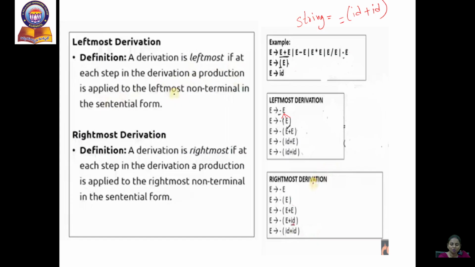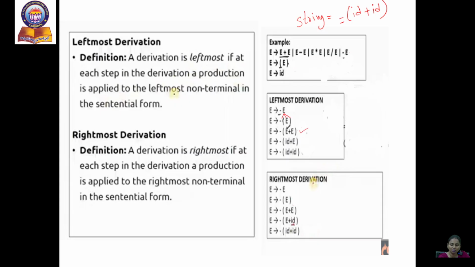As of now we have only one non-terminal on the RHS, so we have derived only that production. As it is a leftmost derivation, the definition says that the production should be applied at the leftmost non-terminal available in the sentential form.